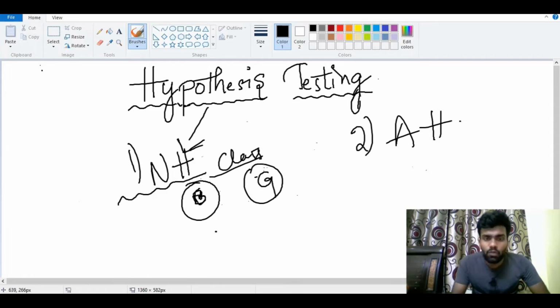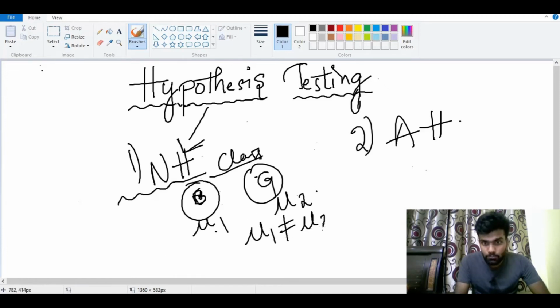Now you want to prove that there is a difference between the heights of the boys and girls. Let's take the average height of boys as mu1, and the average height of girls as mu2. You want to prove that mu1 is not equal to mu2. For this, you need to make an assumption.